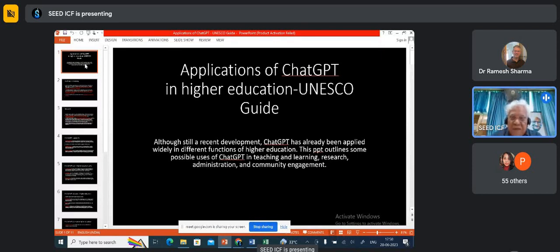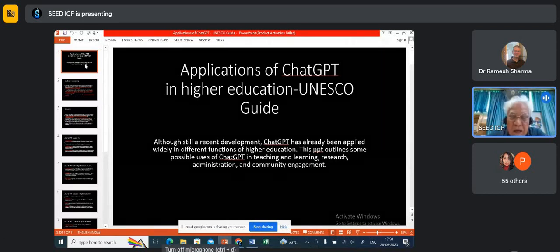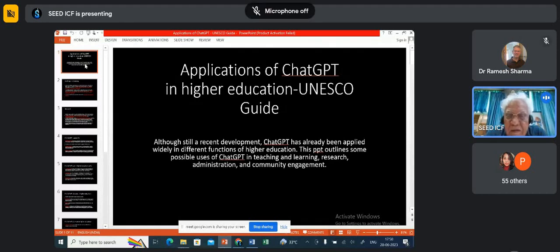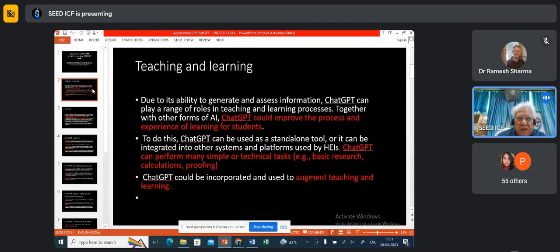Therefore some kind of discussion should take place, and particularly on ChatGPT 3.5, they started working on it and said how it can be considered. So we'll try to look into what certain functions ChatGPT is able to do which are useful for higher education, and that is where I thought I'll share with you some of the aspects.